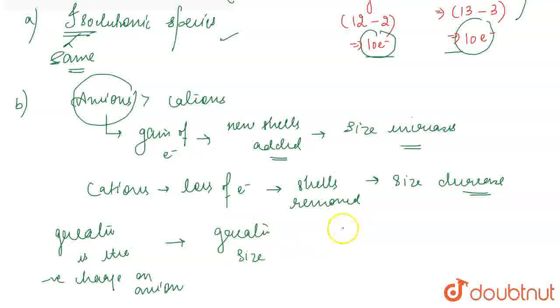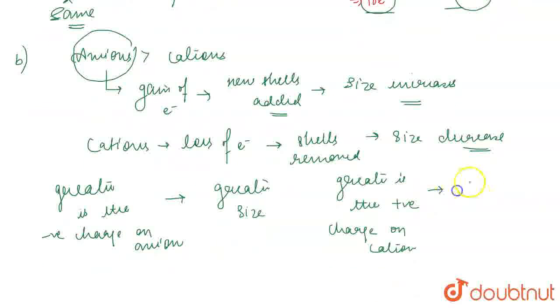Okay, and greater is the positive charge on cation, what will happen? Less is the size. Okay. So greater is the positive charge on cation, which means that more and more electrons are removed and the size becomes less and less.